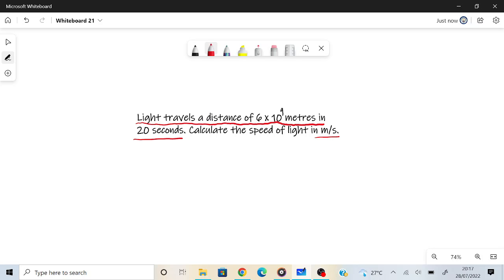Right, we know our formula is speed, that's S equals distance over time.